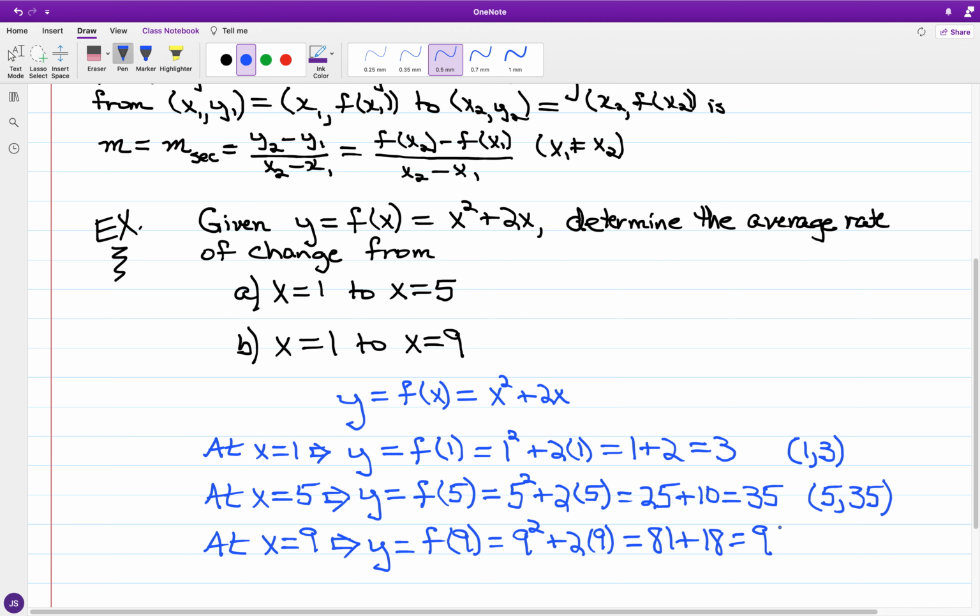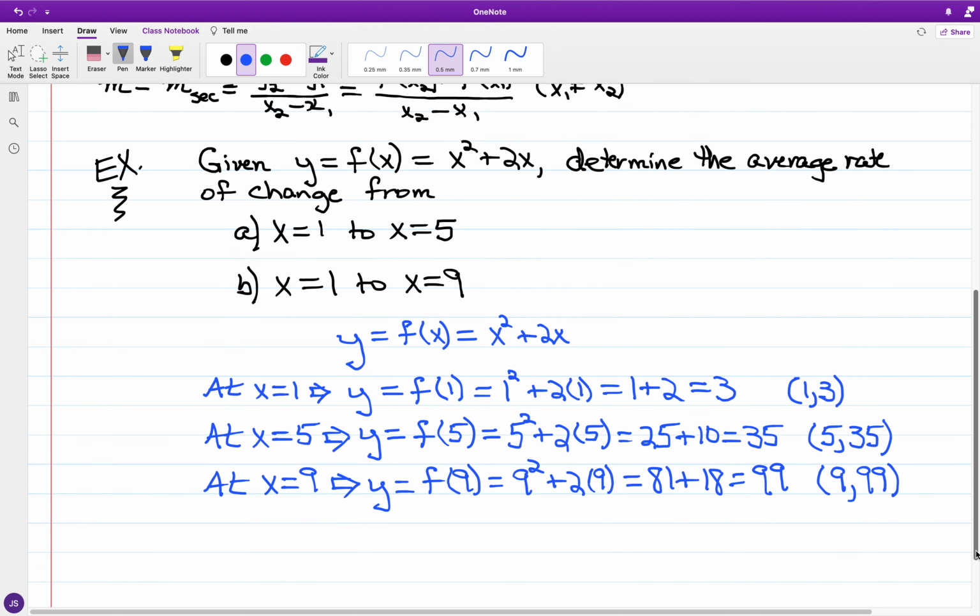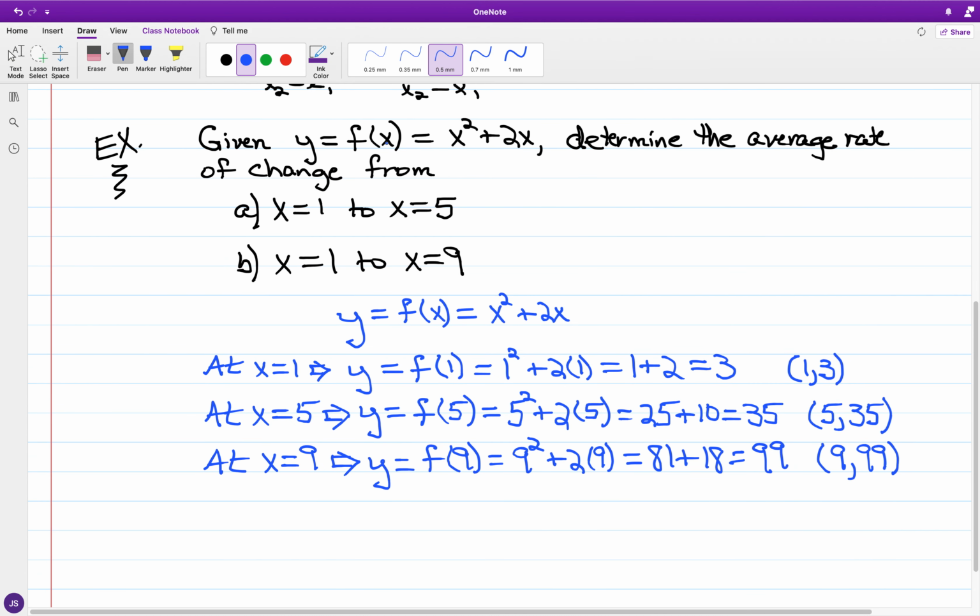And 81 plus 18 comes out to 99. So for this particular point on the graph, along with (1, 3) and (5, 35), we have (9, 99). And then just kind of going back to the average rate of change question.